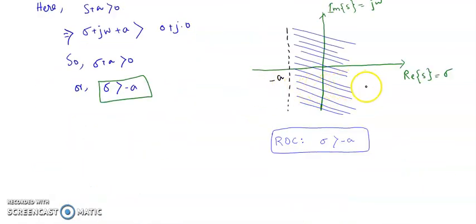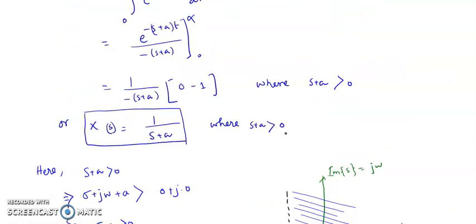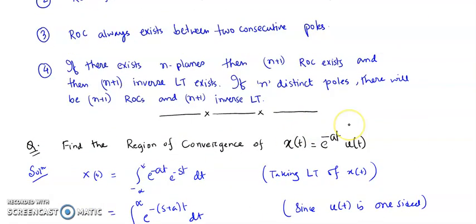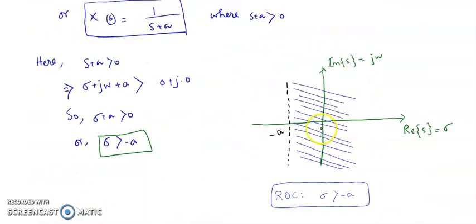For this signal, the ROC is sigma greater than minus a. That means all the values on the right hand side of this point will give a stable output, so the Laplace transform can be obtained for any value greater than minus a.